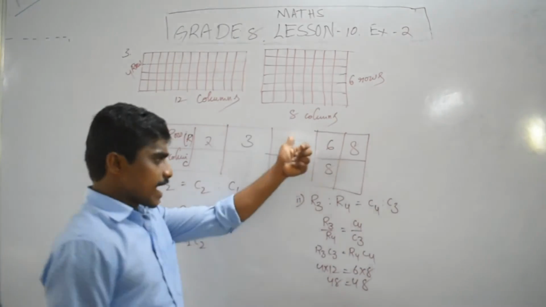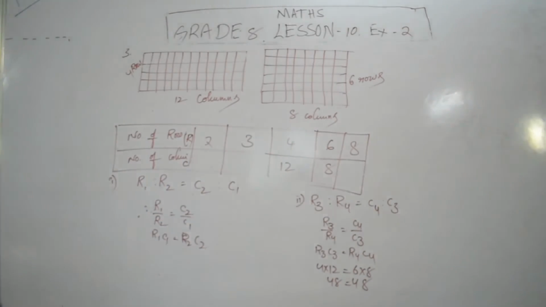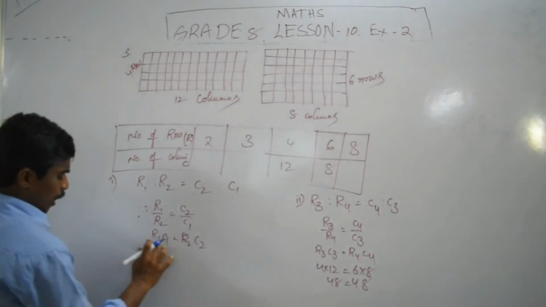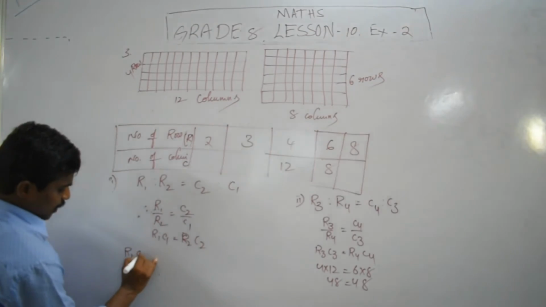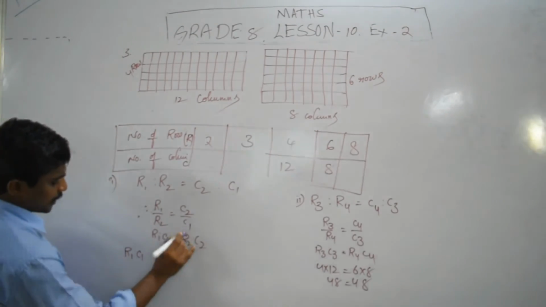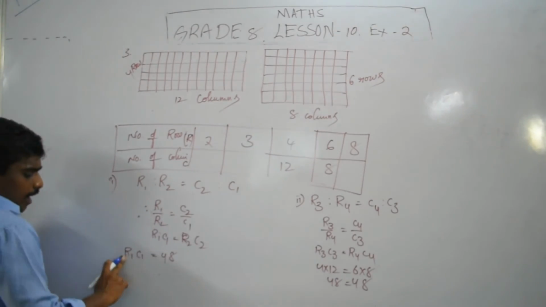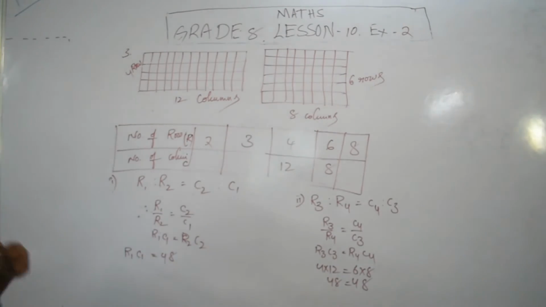So now X quantity, Y quantity we are multiplying. How much is that? It is equal to 48. Now we come to the first one. R1 C1 equal to 48. These both multiplying, how much coming? 48.